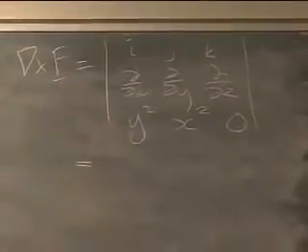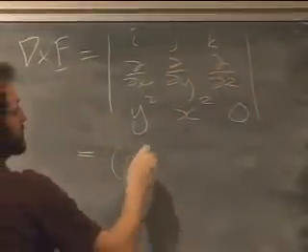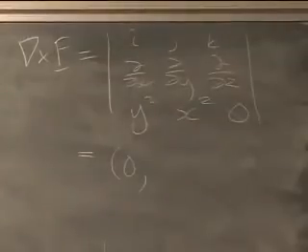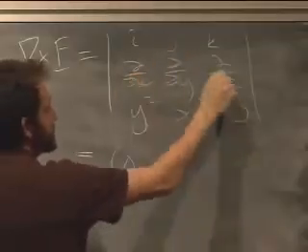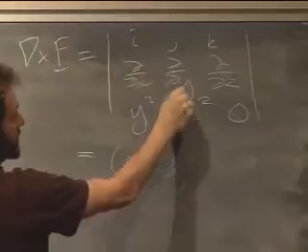So this is equal to what? Well, those derivatives are nothing. The j derivative, x of 0, is nothing. The k derivative is something. It's 2x minus 2y.